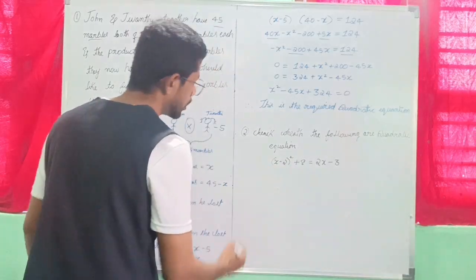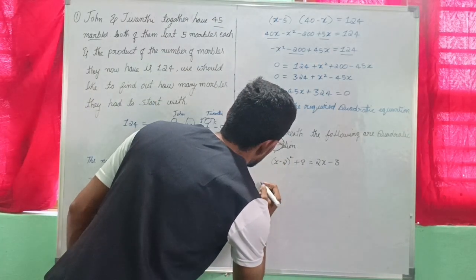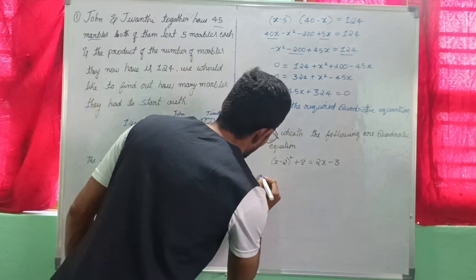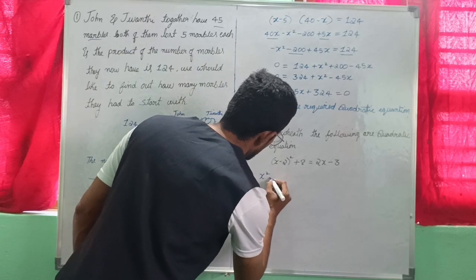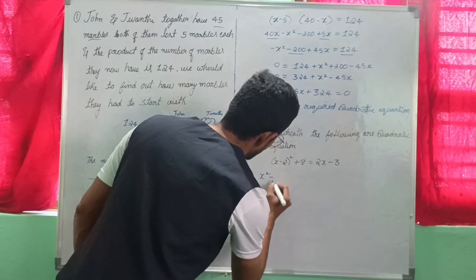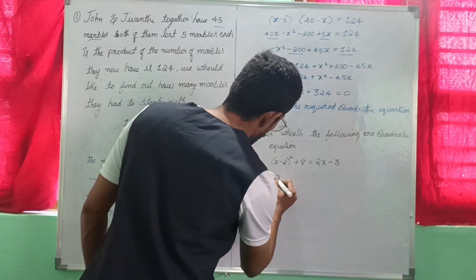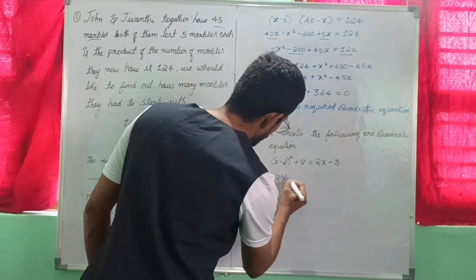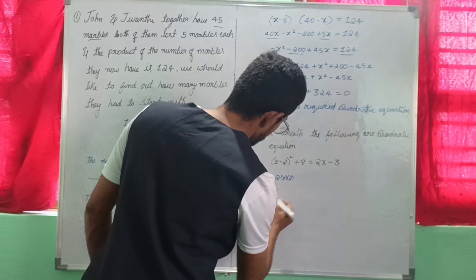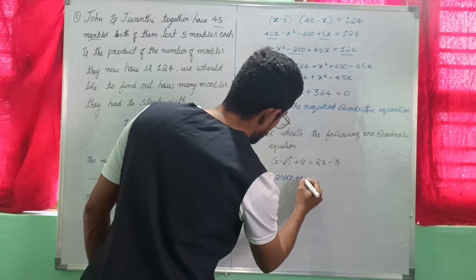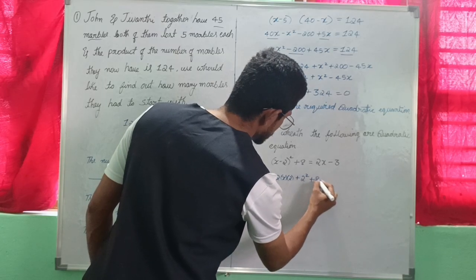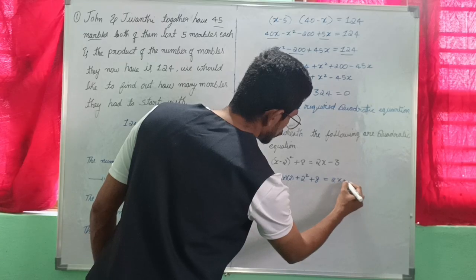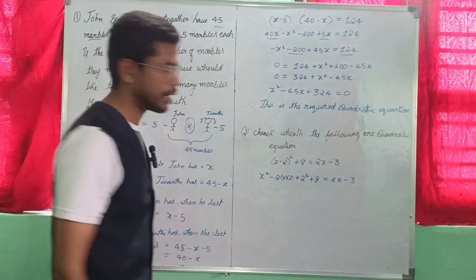So when we apply the (a minus b) whole square formula, we get x square minus 2x into 2 plus 2 square plus 8 is equal to 2x minus 3, right?